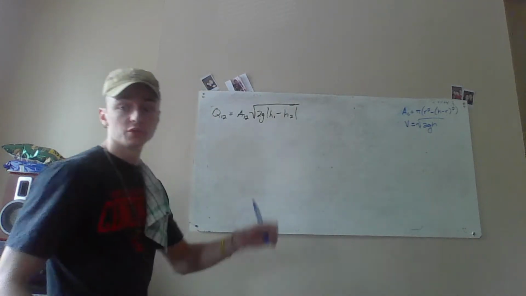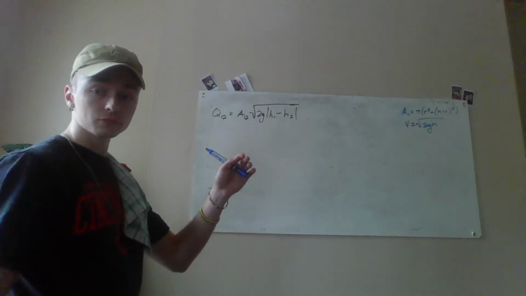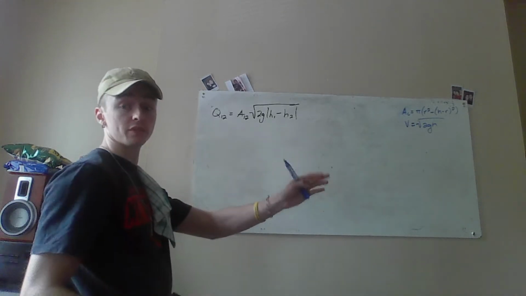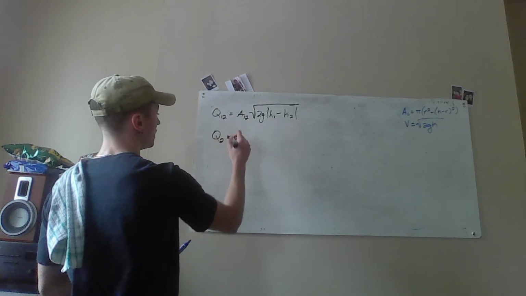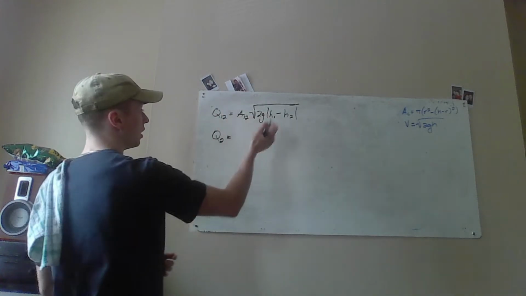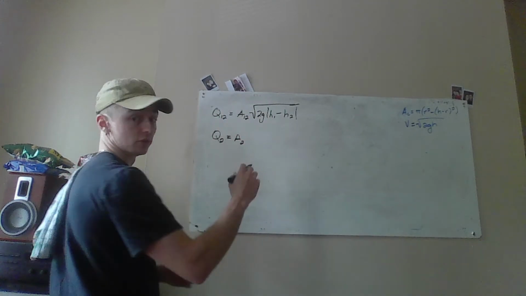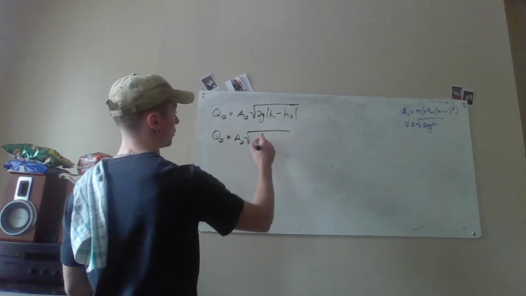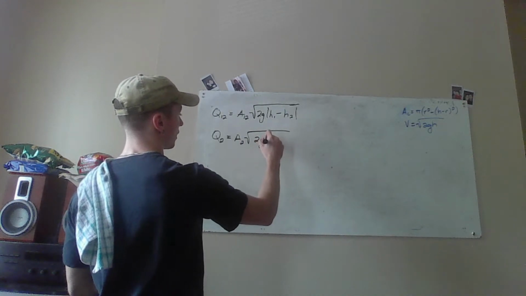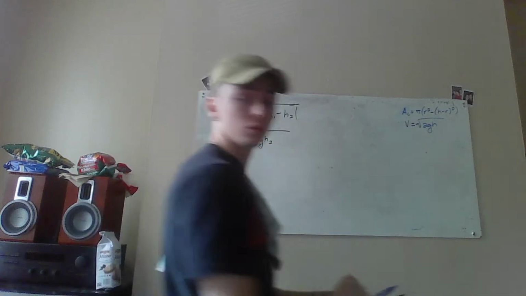And what we need to do is also account for just the flow of the second tank itself. So we need to say that flow 2 is equal to the area of tank 2, just the area of tank 2, I had to take that back, times the square root of 2 times acceleration due to gravity times the height of the fluid in tank 2.